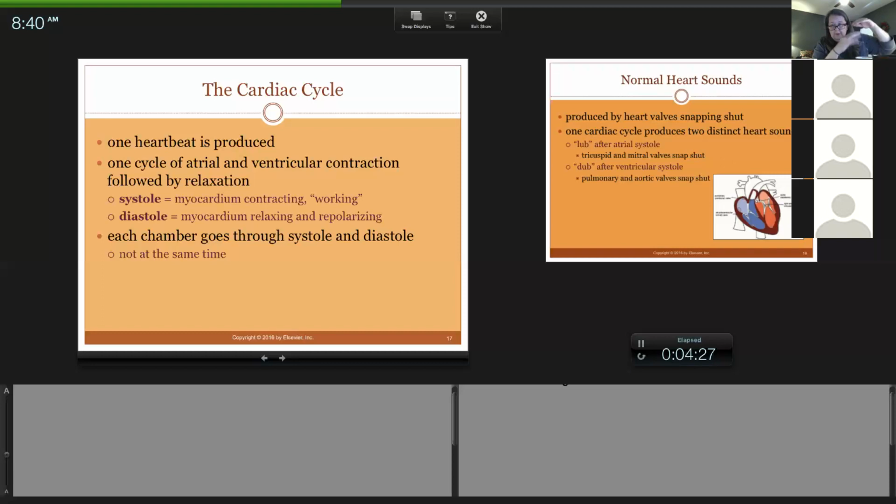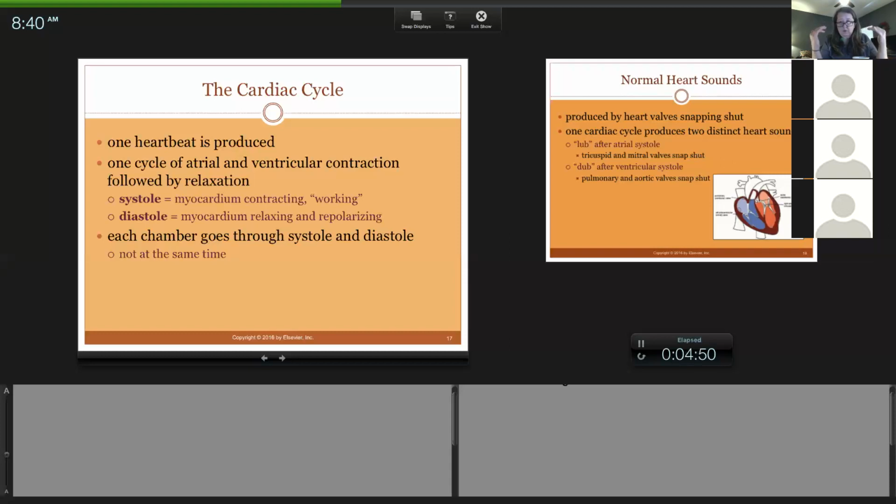The littler animals have a higher metabolism. They have a higher heart rate. As we get bigger, the heart rate slows down. But think about it. If you have a horse and they have this very large heart, it's going to pump. It has to spend enough time in relaxation to fill.